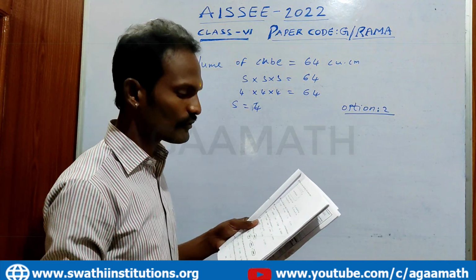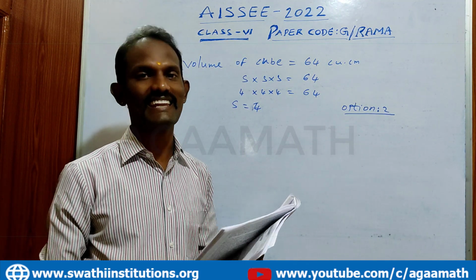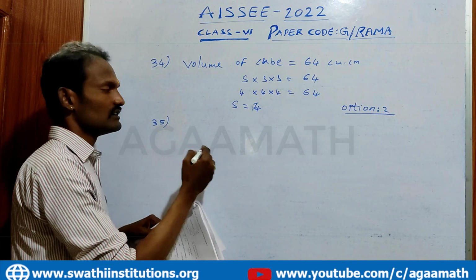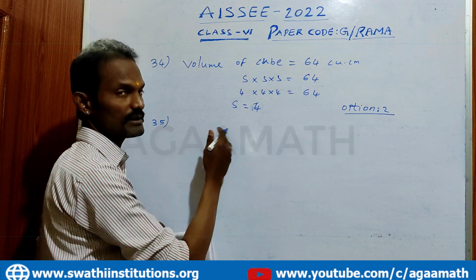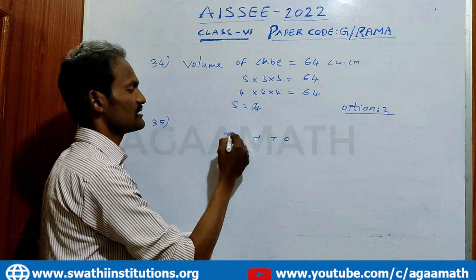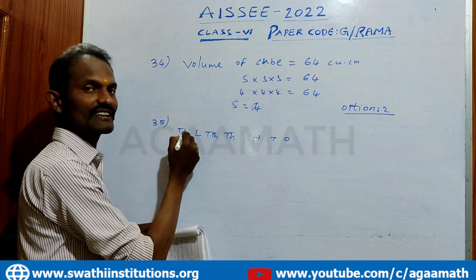76 lakh 4,083. When you get confused, if you write the places, that will be much easier: ones, tens, hundreds, thousands, 10,000s, lakhs and 10 lakhs.